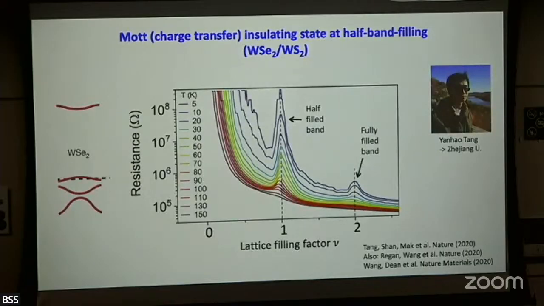From this experiment, we can tell that there's an insulating state at the half-filled band and the fully filled band. So why does the contact resistance go so high? Oh, okay, this is an experimental question. If you put a contact on this piece of wood, you're going to get a huge Schottky barrier, which is why the contact resistance goes up like crazy.